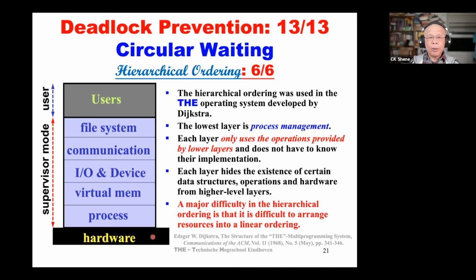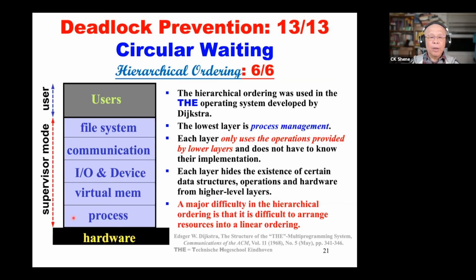So hardware, then the process allocation layer is simply built on top of hardware, an abstraction of process. On top of it, we build virtual memory. And on top of virtual memory, we have input, output, and a device driver. On top of it, we have communication. And finally, we have file system.